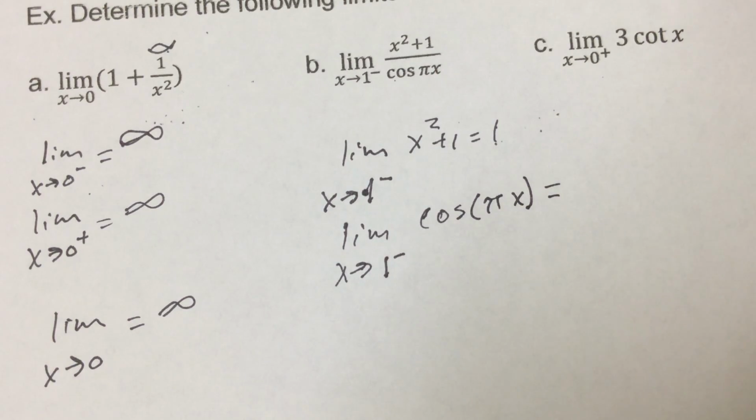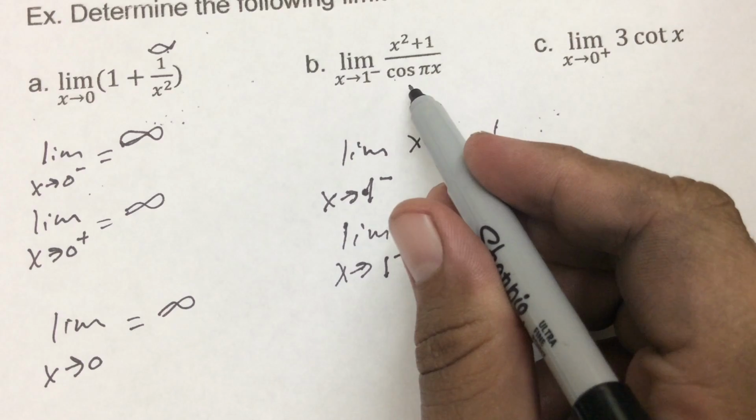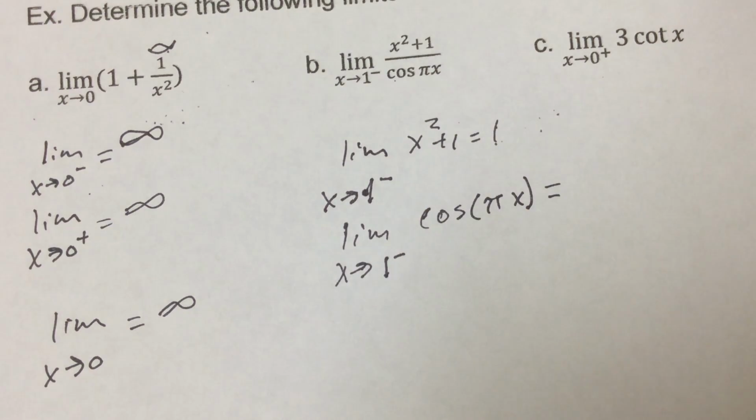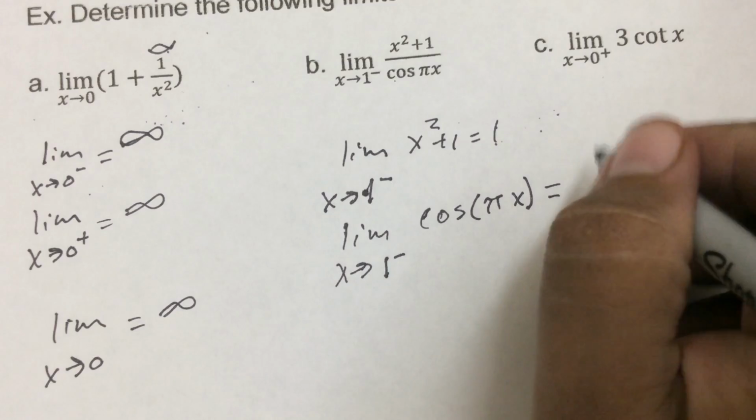Well, in this case, when x is 1, 1 times pi is pi. Cosine at pi. So when we're on the left side, we would be at negative 1.